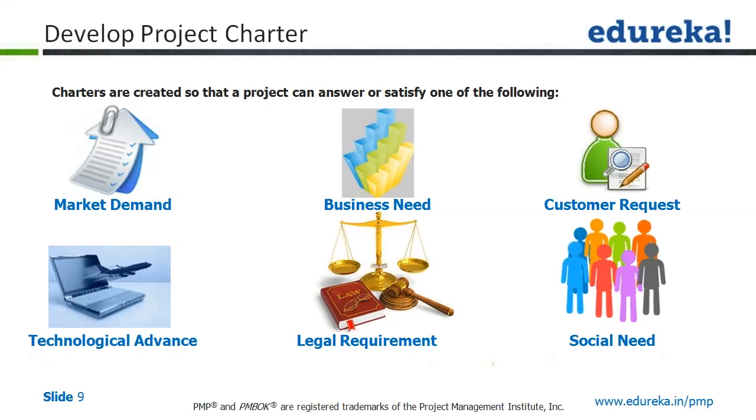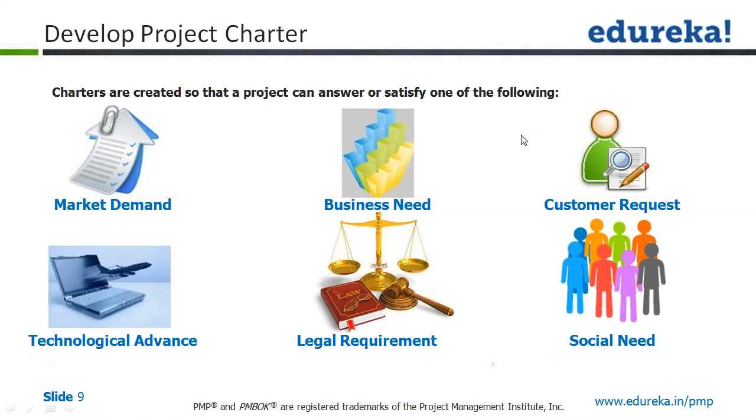The next thing is a business need. The fourth is a legal requirement. It could be a compliance by the government saying, hey, starting April 1st, starting May 1st, you have to be compliant on the taxation and the rules. So that creates a need for the organization to customize their respective product or software to be in line with the regulations that have been set up.